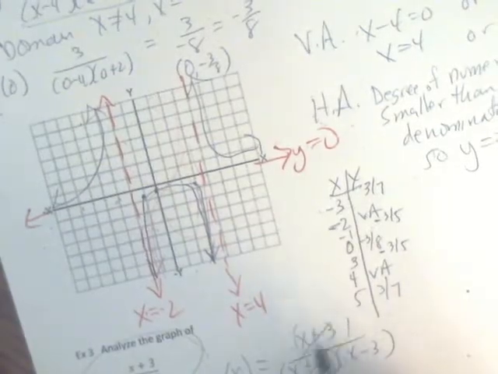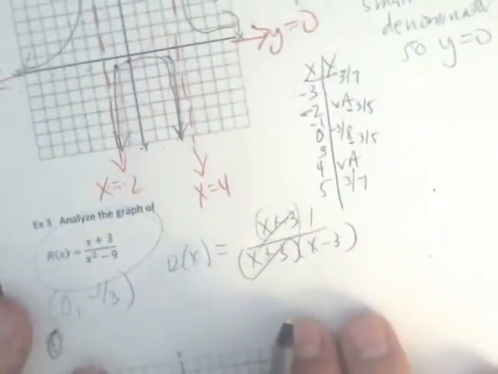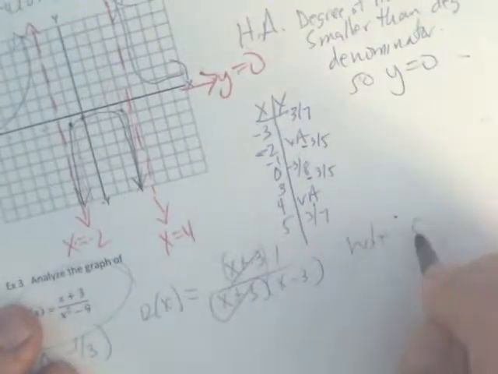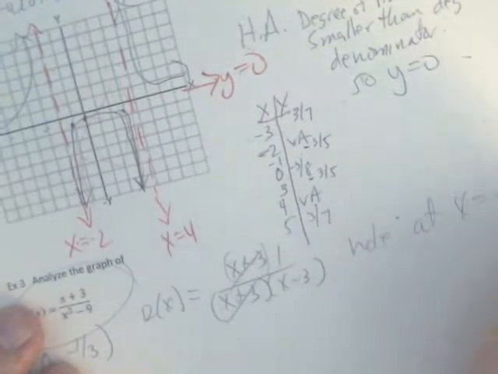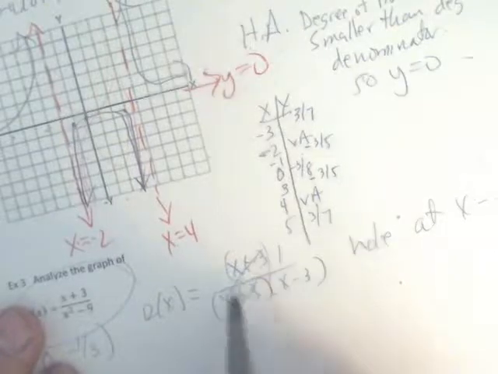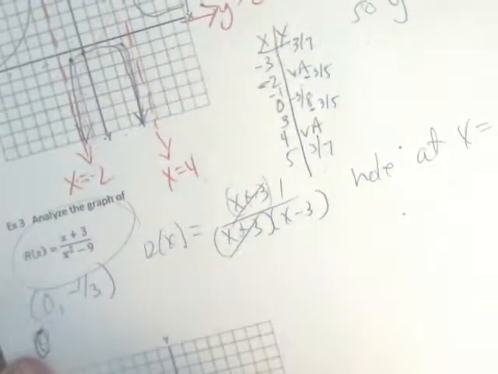So when we factor, we can cancel these things out here. Therefore, I have a hole at x is negative 3. It's the opposite. So at x is negative 3, I've got this hole here.